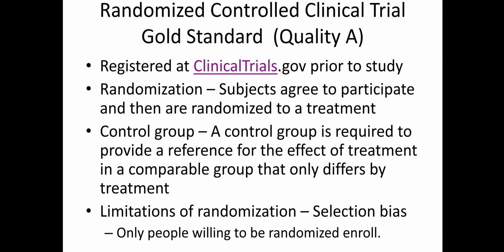Imagine a mom brings her kid that's myopic and the doctor says, hey, mom, we have this great new method of controlling the growth of your child's myopia, and we want to do a randomized controlled study, because that's the best kind. So we would like you to join the study, and your child will either be randomized to get the new treatment or be in the group that gets the standard of care.